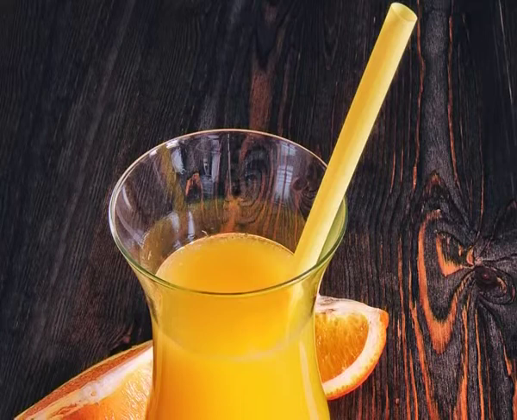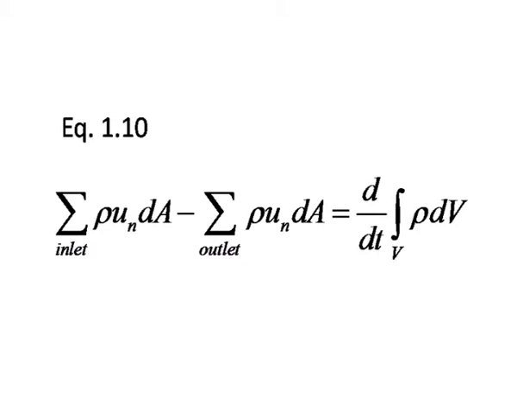These properties may be density, pressure or temperature. For a uniform flow, we replace the integral signs with simple summations and we get, as shown in equation 1.10, sigma inlet rho un dA minus sigma outlet rho un dA is equal to d by dt of integral volume V rho dV.